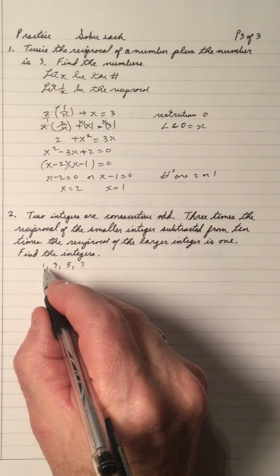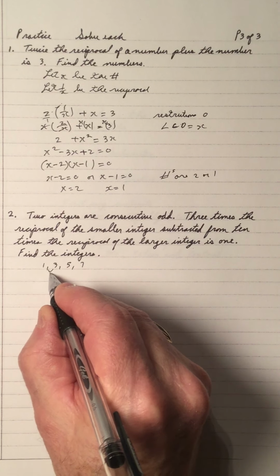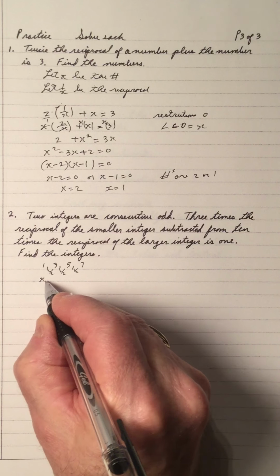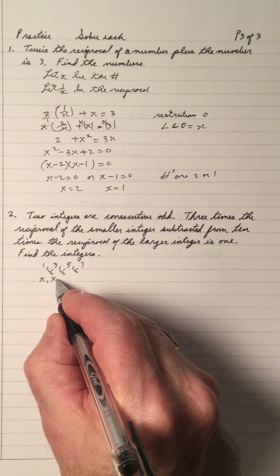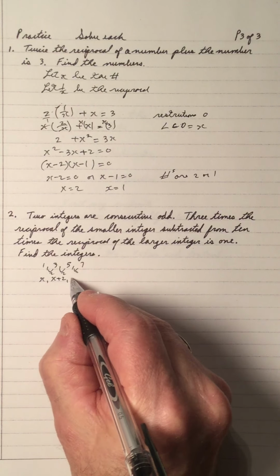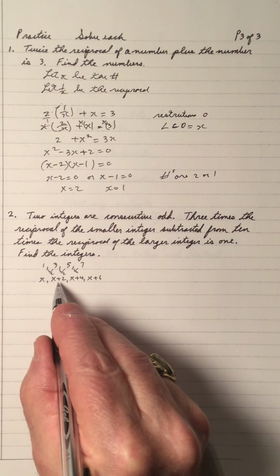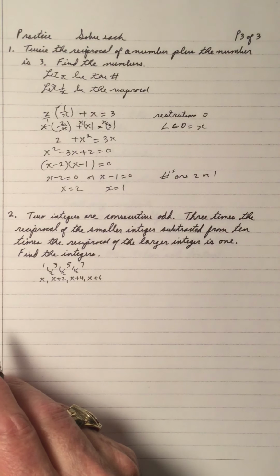Notice the pattern that you got a 2 and a 2 and a 2. So if you let the first one be x, then the next one must be x plus 2. The next one, add 2 on, must be x plus 4. And the next one must be x plus 6. Notice it's x, x plus 2, x plus 4, x plus 6 is the pattern.